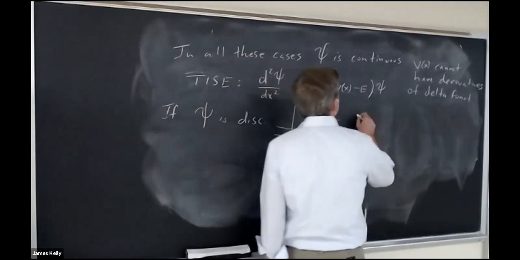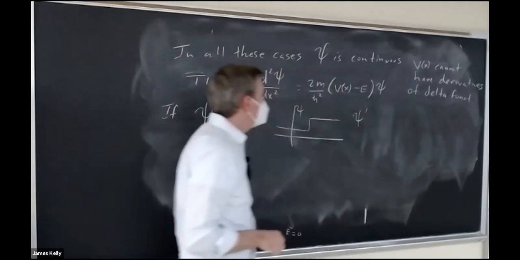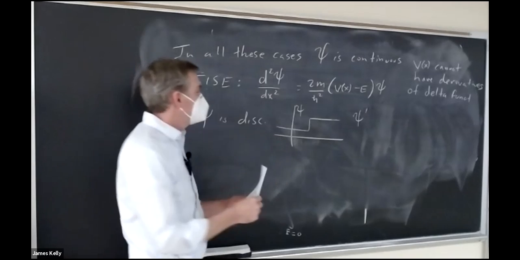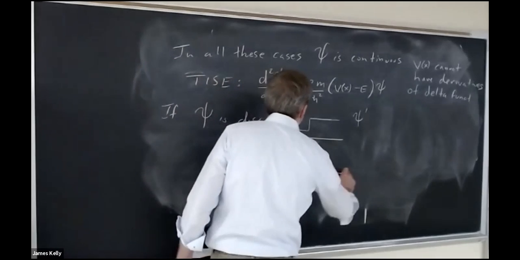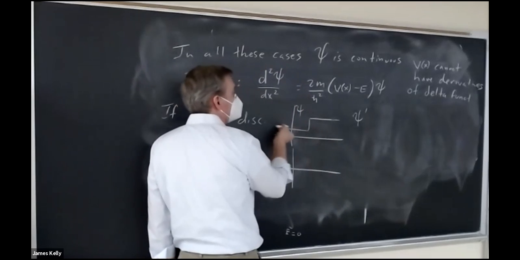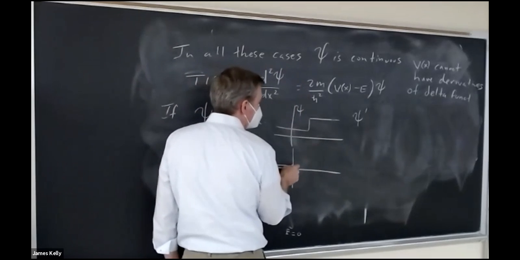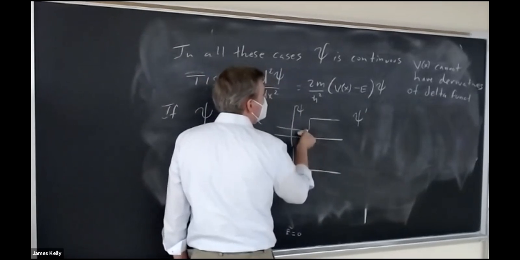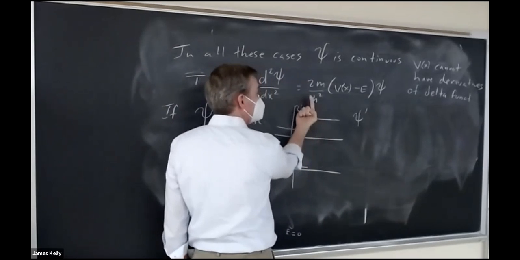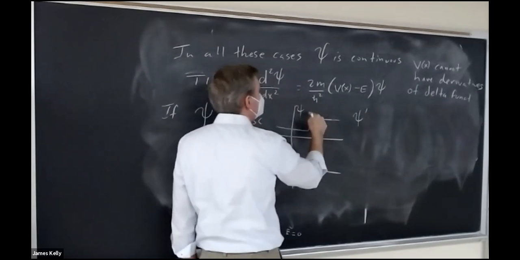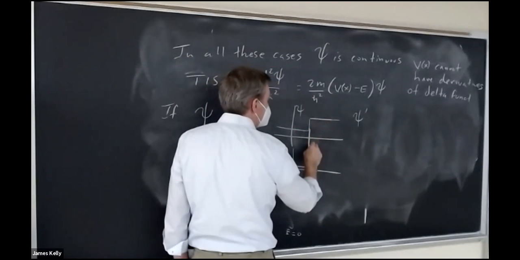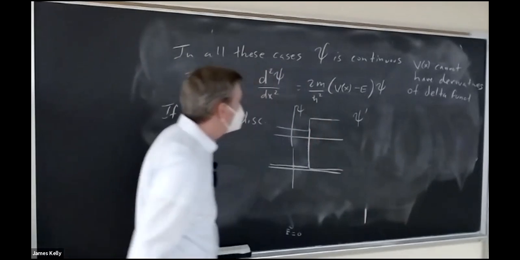Then what is psi prime going to look like? Well, at least in my example I've drawn here, psi prime was 0, 0, 0. And then psi prime goes up towards infinity, right? It really is infinitely steep if this is really jumping up discontinuously. So it goes up to infinity, and then it goes back to 0 again, or something finite.